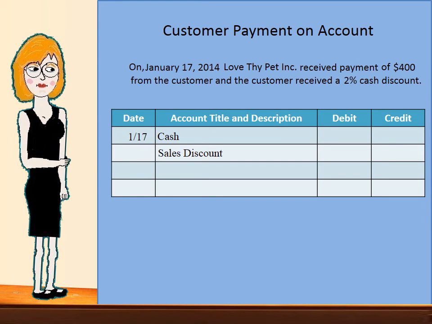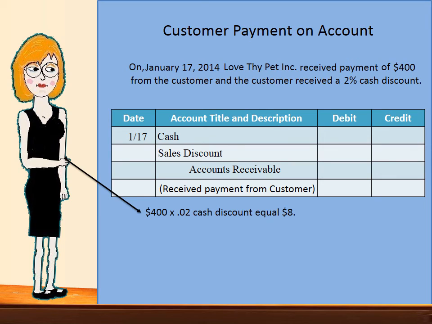So we will do sales discounts, and then we will credit accounts receivable for the full amount they owed. Since they returned one of the dogs, they now only owe the $400 for the one dog. So we will put the explanation: received payment from customer. We will take the $400 and we will credit accounts receivable for the $400, therefore reducing their account.